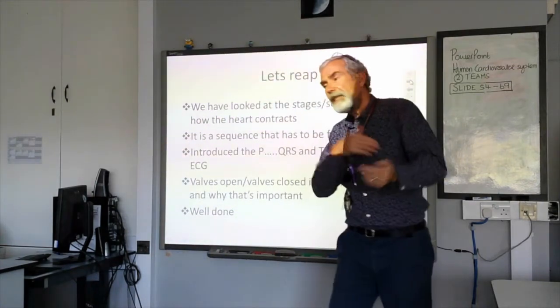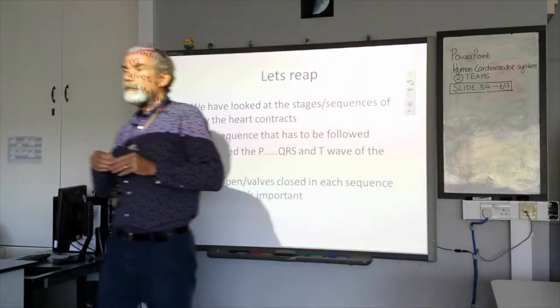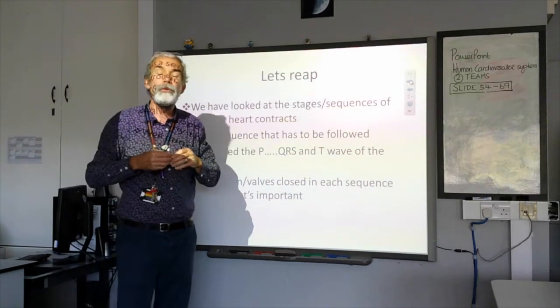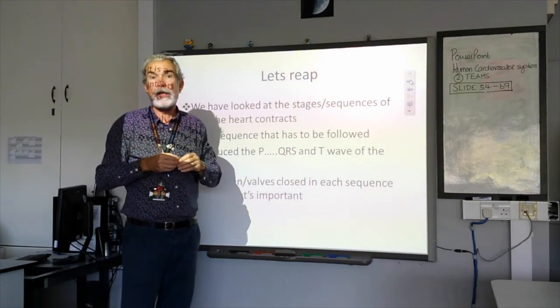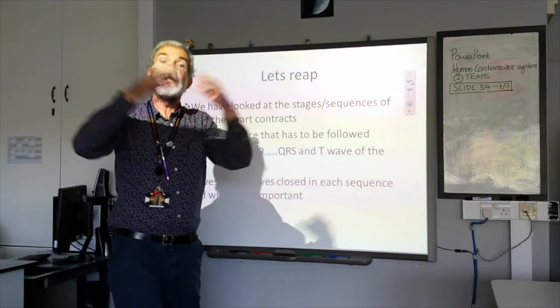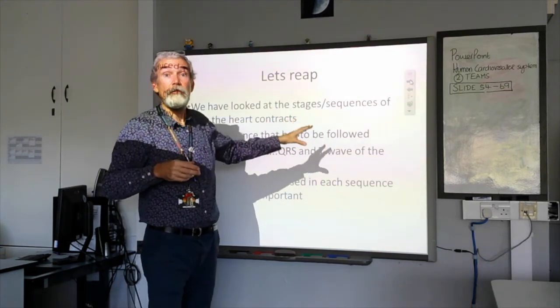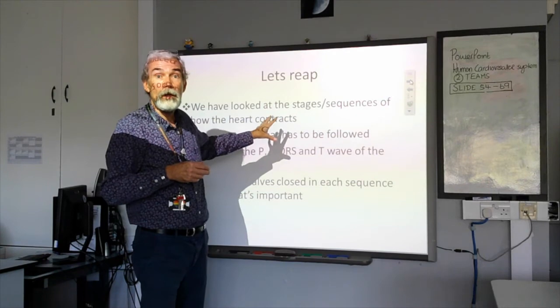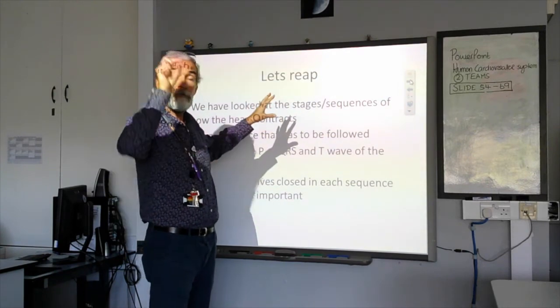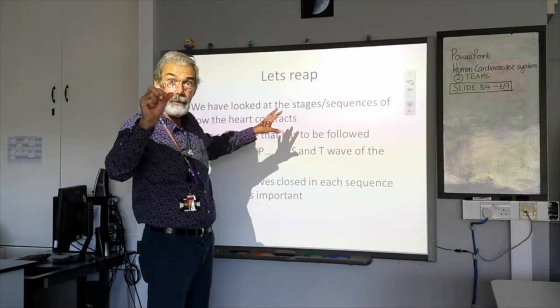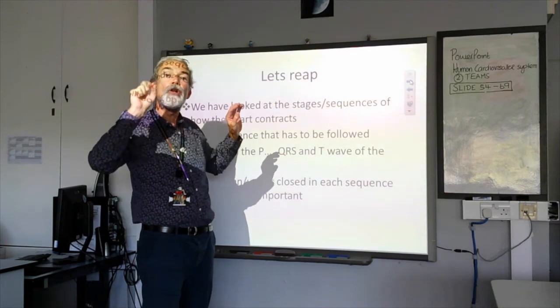So what do I need you to do for the assignment on this? I need you to talk me through a complete cardiac cycle. It doesn't need to be an essay. What it needs to be is a series of diagrams similar to the ones that I've shown you, where you are clearly putting in bullet points next to the diagram what is happening in the heart at that stage.